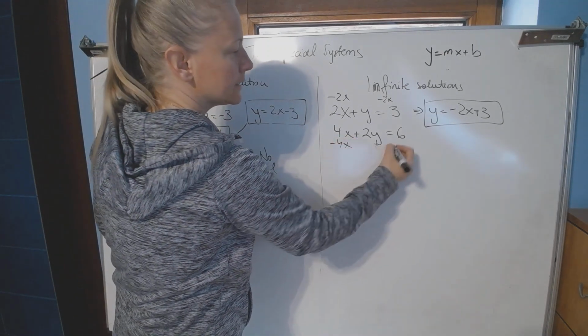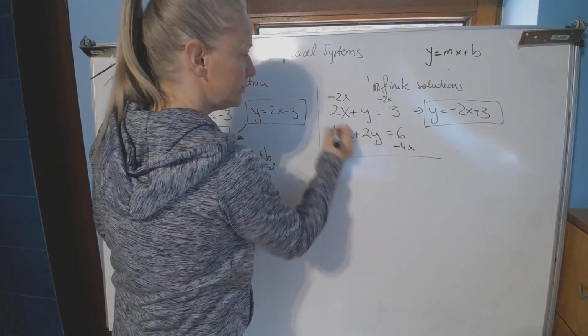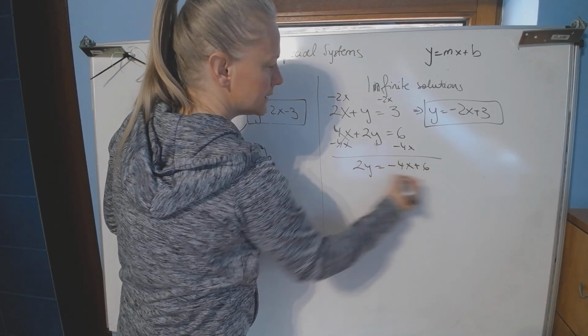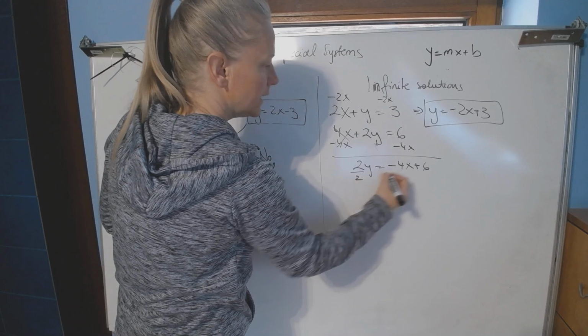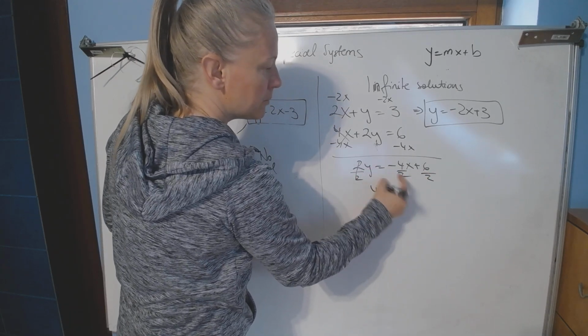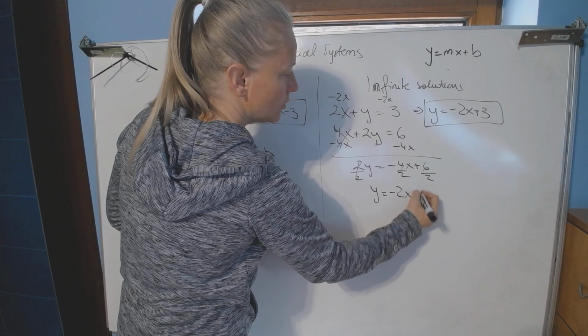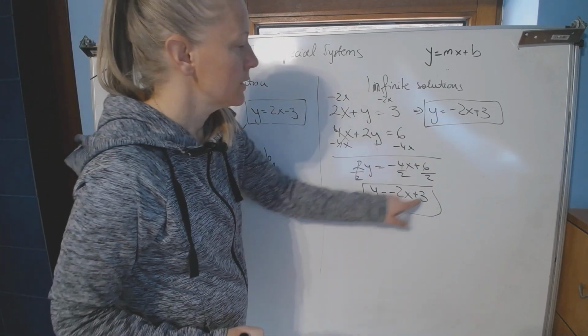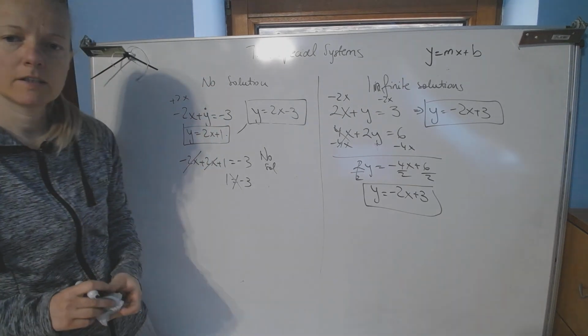Minus 4x, minus 4x. 2y equals negative 4x plus 6. I just need y, so I divide by 2 everywhere. y equals negative divided by positive, negative 2x plus 3. What do you notice? Same slope, same intercept, infinite solutions.